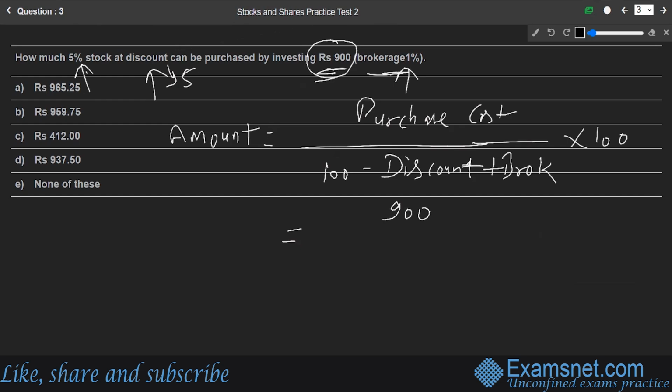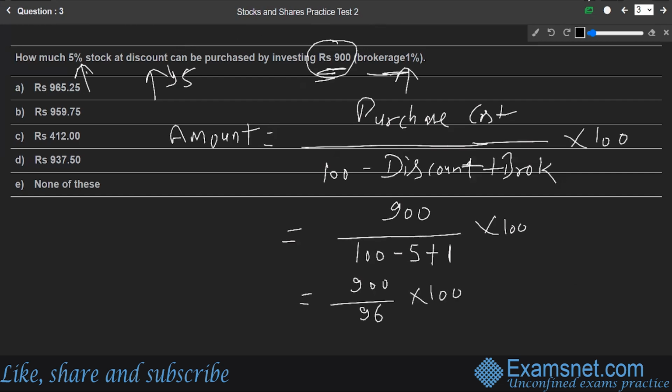Purchase cost is 900, given in the question. 100 minus discount value 5 plus brokerage value 1, into 100. So this becomes 900 divided by 100 minus 5 is 95, plus 1 is 96, into 100. Clearly we need to solve this. We can solve it multiple ways; we can cut down by 4 also.